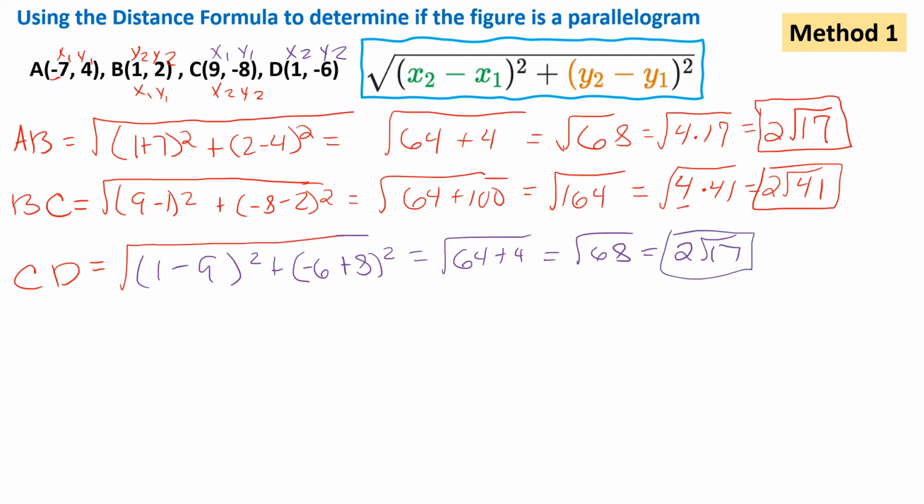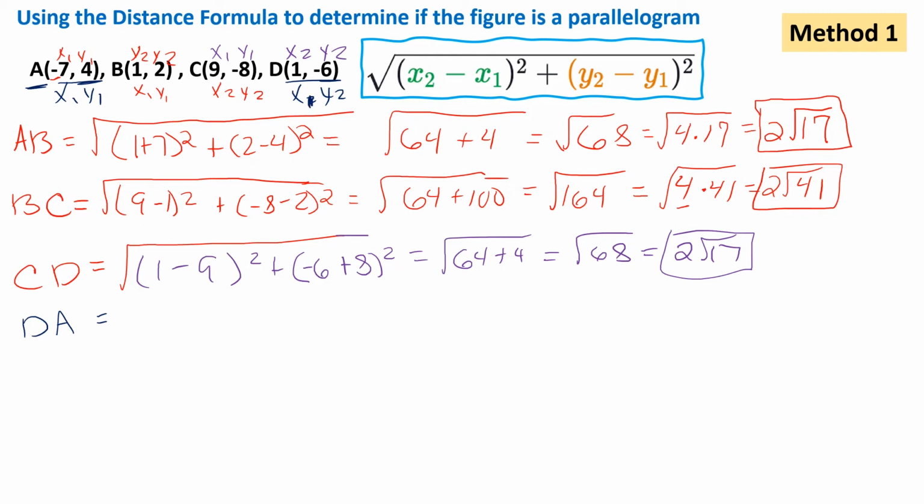And last, I'm going to use A and D. So I have to use all 4. So AD. I'm going to label this x1, y1 and x2, y2. I kind of changed the color to let you know I'm using these two. Or DA rather. So actually, I'm going to switch this.